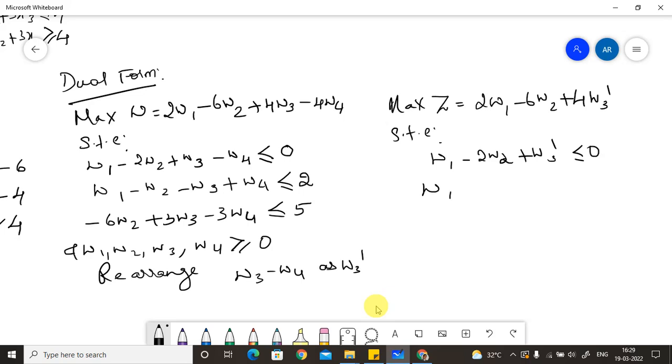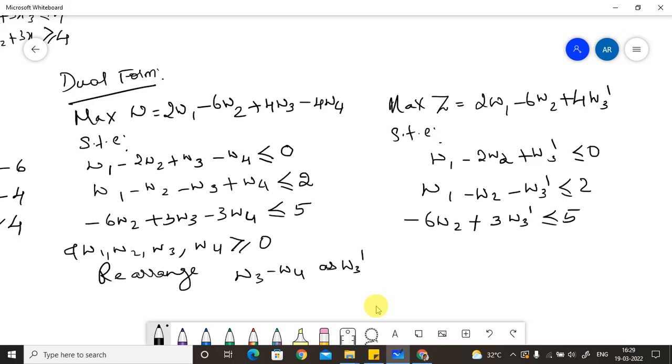Here it will be w1 minus w2 minus w3 dash less than or equal to 2, and this will be minus 6w2 plus 3w3 dash, and this is less than or equal to 5.